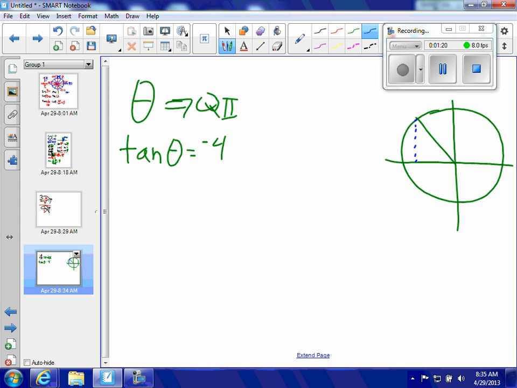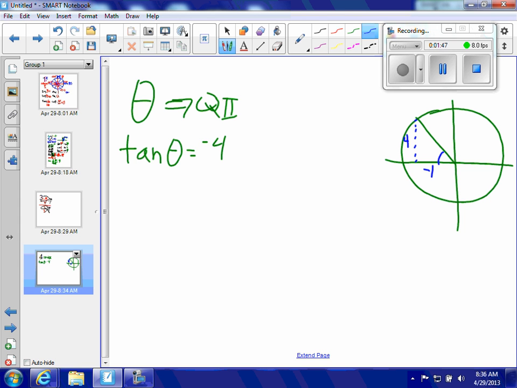And I know that the ratio of sine opposite, so here's my reference angle right there. I should make that clear. I need to know which is my reference angle from the terminal side down to the x-axis. I know that my side opposite is 4, and that my side adjacent is -1.